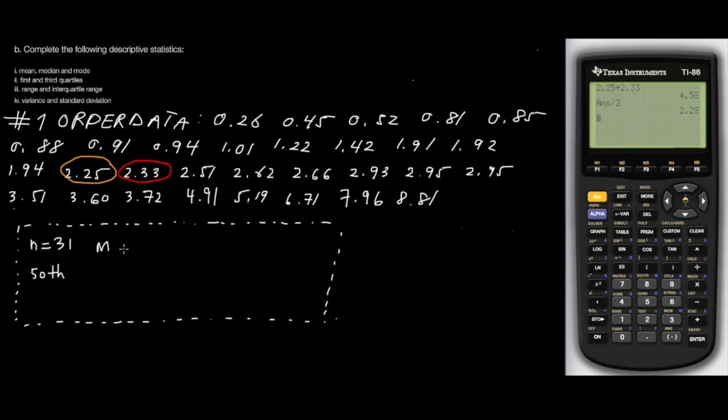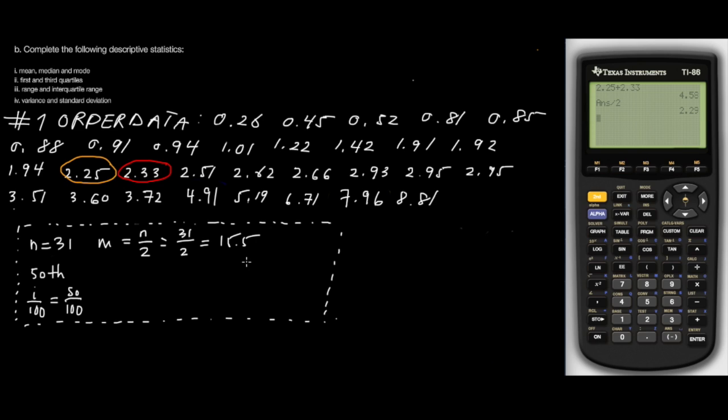So let me show you the second way. What I showed you first was the ith position divided by 100, which in the median's case was 50 divided by 100. So the median's position is n divided by 2, okay? So it's 31 divided by 2, which is equal to 15.5, okay?